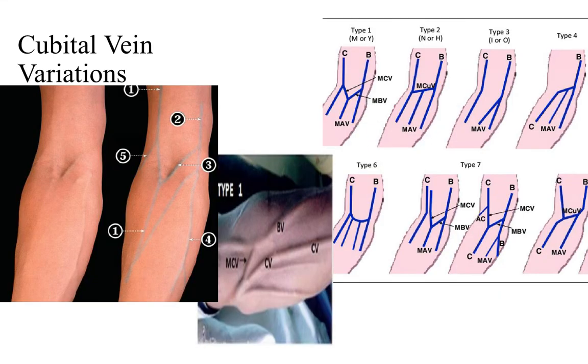All right, and the last thing we want to talk about are cubital vein variations. So on the left picture here, you see an arm right here, and this is the same thing I told you about in the last slide. If you extend your arm out and look at the veins, there's going to be one that crosses over from one side to the other, and that's going to be your median cubital vein.